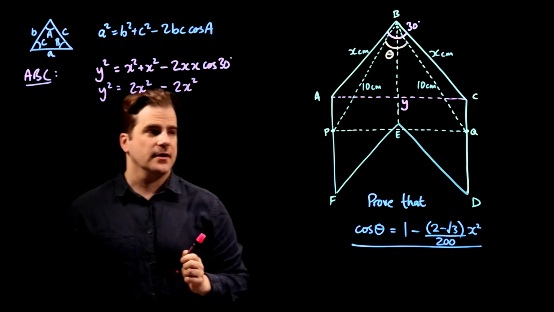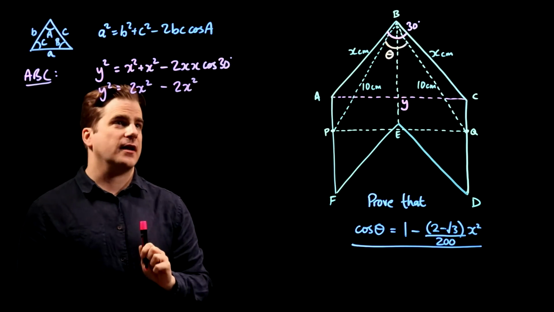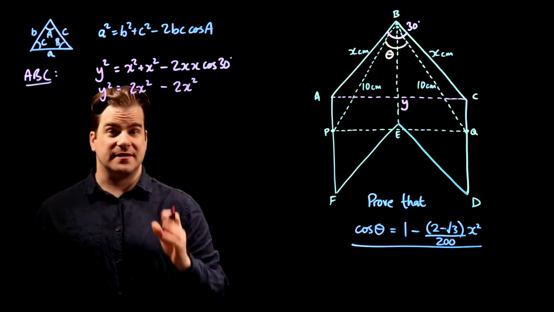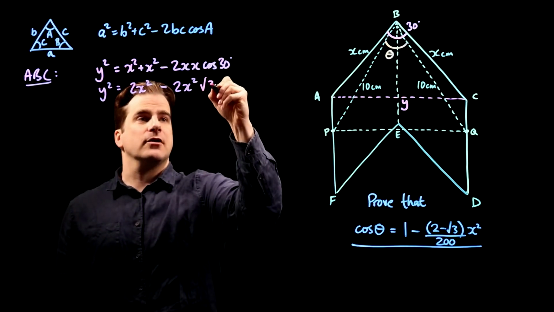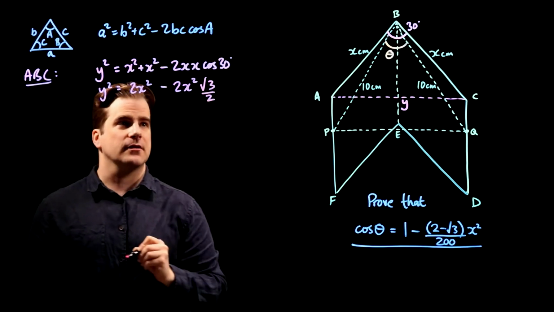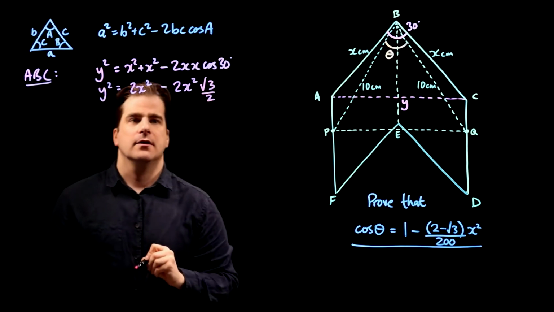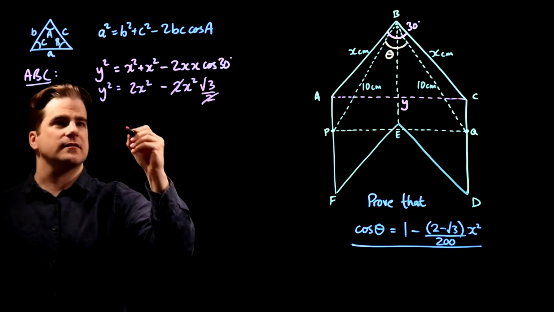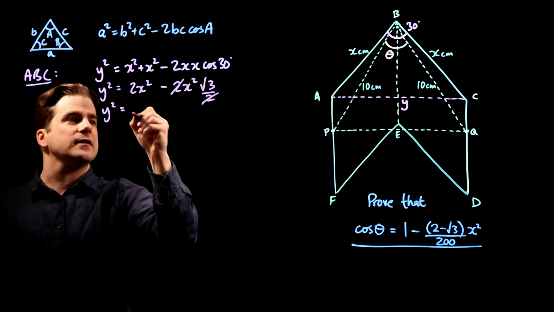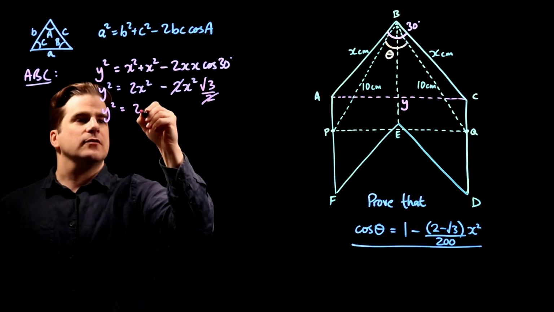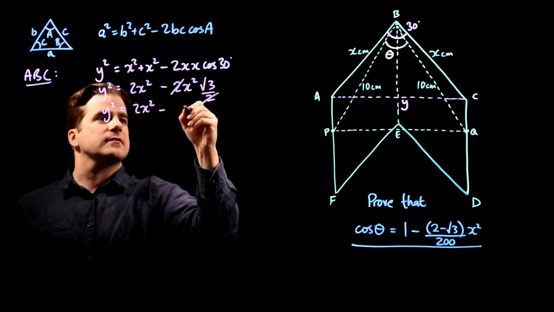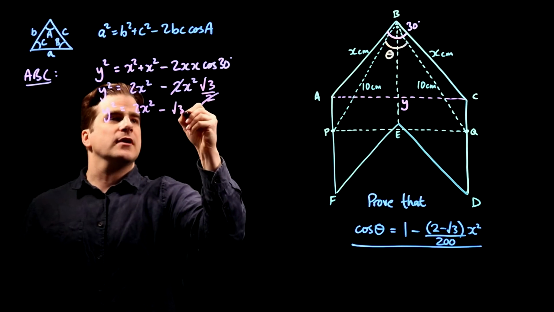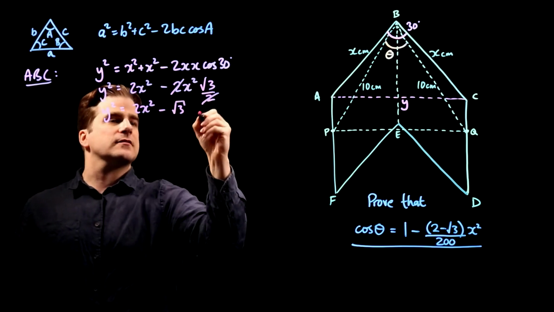Cos 30, you should know this off by heart. Cos 30 is the same as sine 60. It's root 3 on 2. Learn that. Good, so those two 2's cancel. So we get y squared is 2x squared minus root 3 x squared.